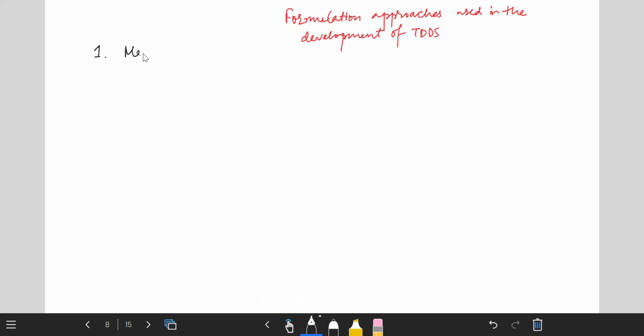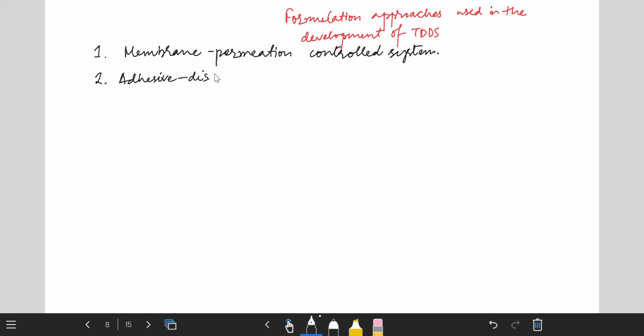Second one is adhesive dispersion type system. Third one is matrix diffusion control system.